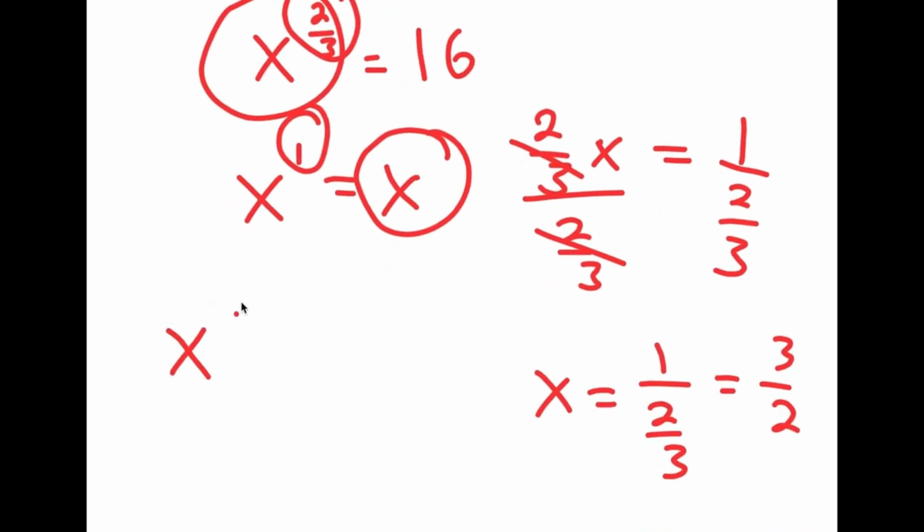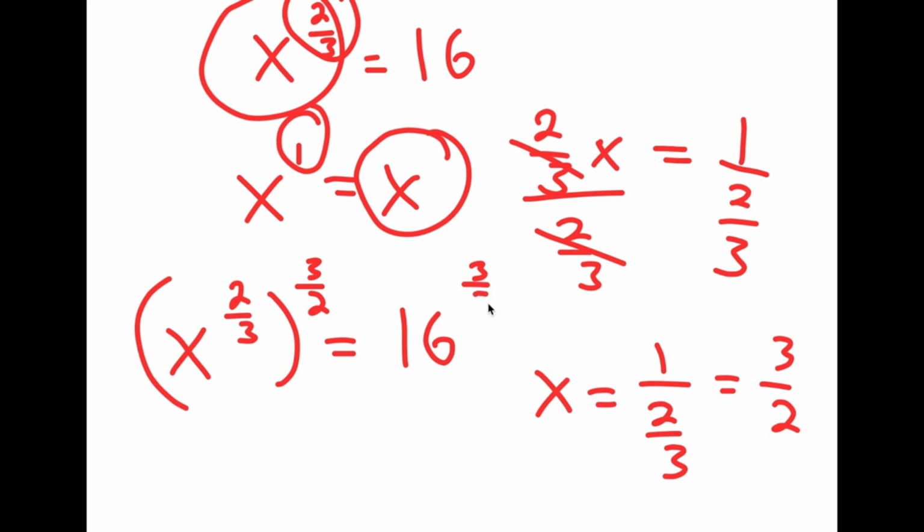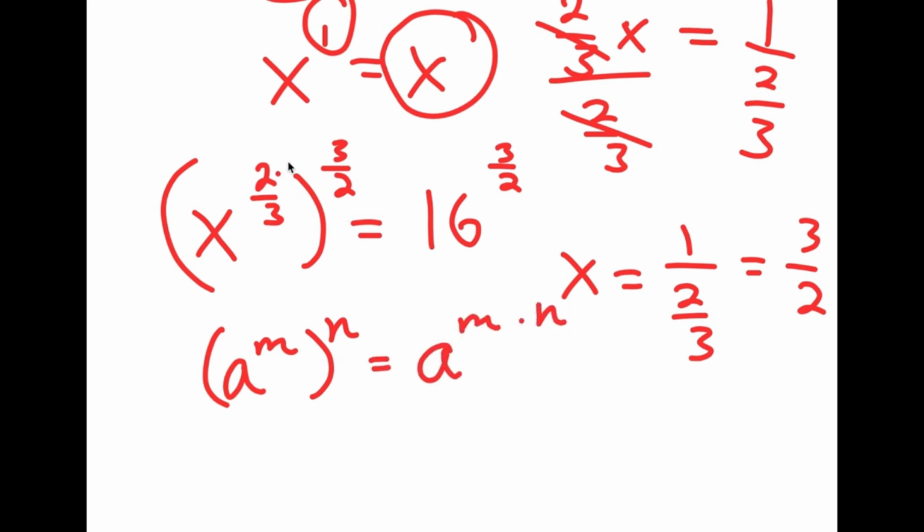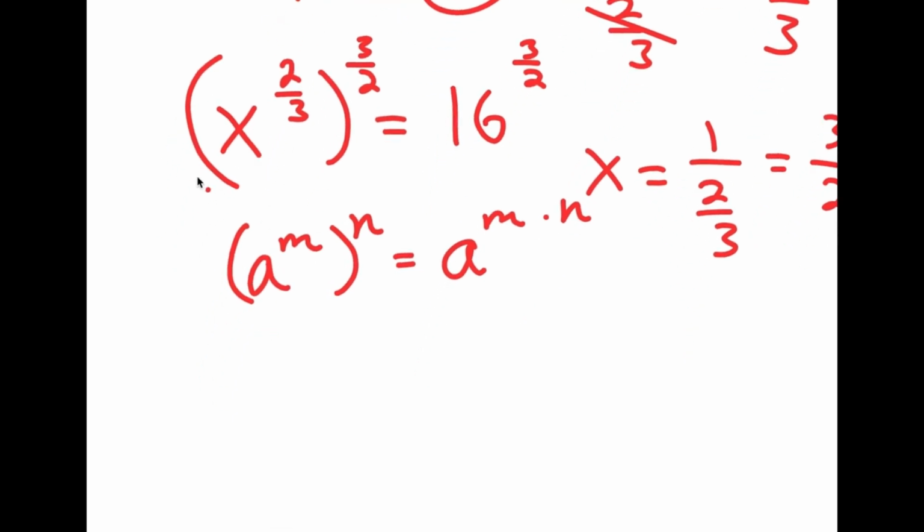So what I'm going to do is I'm going to take the power of 3 over 2 on both sides. And the reason I'm doing this is because if I have something in the form a to the power of m, to the power of n, this is equal to a to the power of m times n, meaning this is the same thing as x to the power of 2 over 3 times 3 over 2.